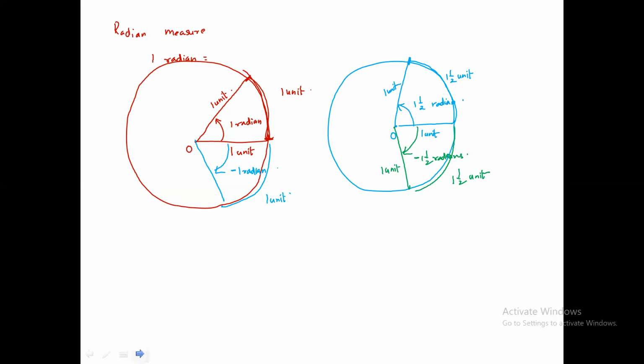Now, if you take O vertex and initial side A and complete one revolution, that is taken as 2 pi radians. So suppose if you make only half revolution, that will be pi radians.